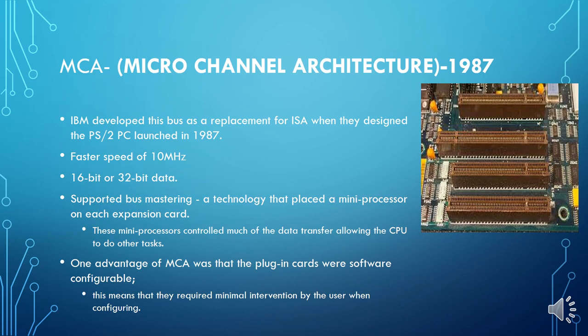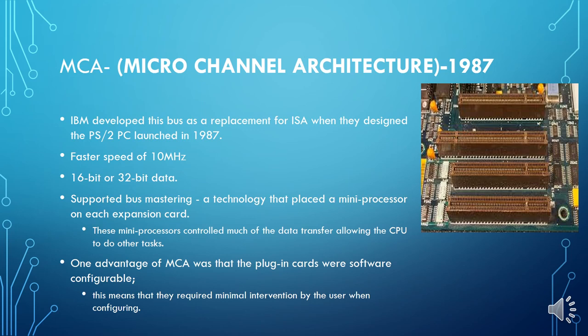If there is a point where the CPU has to work hard for transferring data, at that time the mini processors connected on this kind of bus or slots do the data transfer task, so that the CPU can do other tasks which are more important than data transfer.